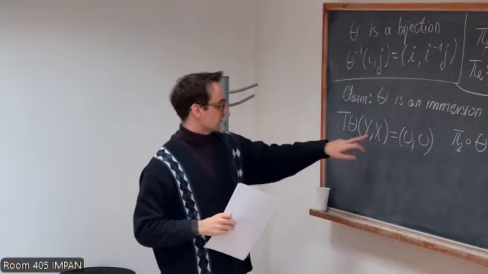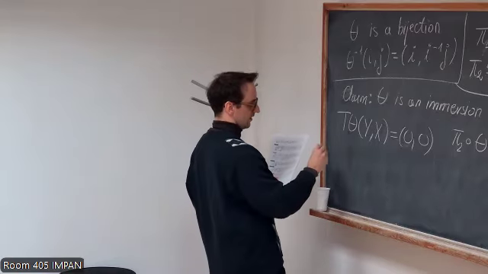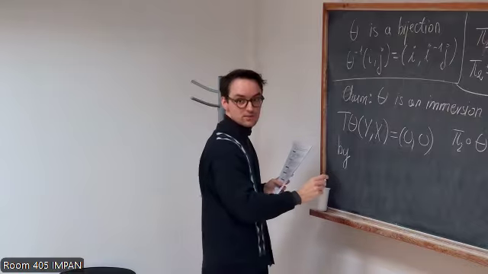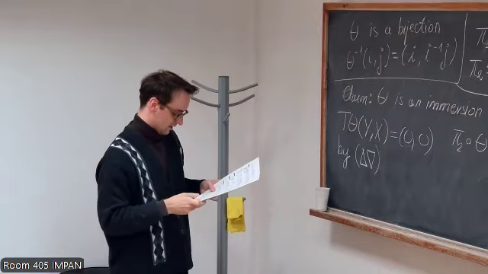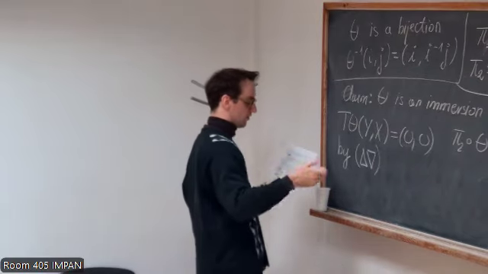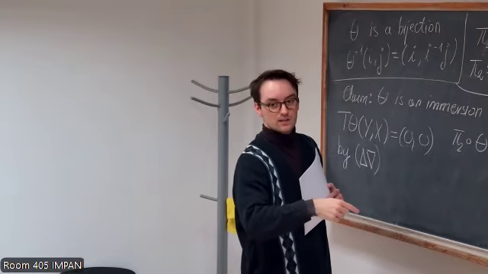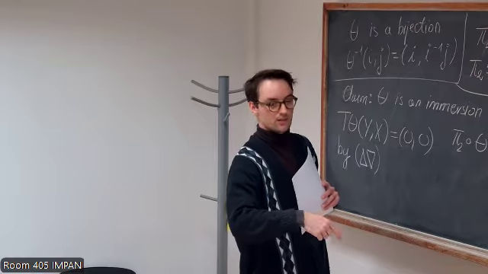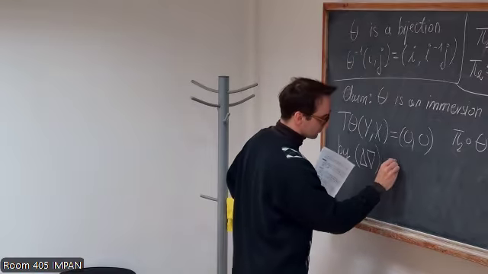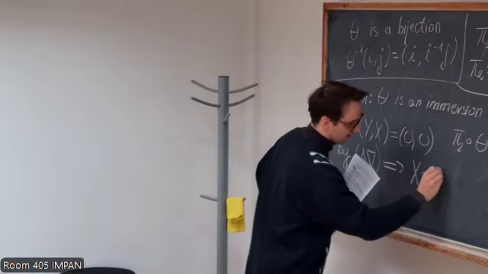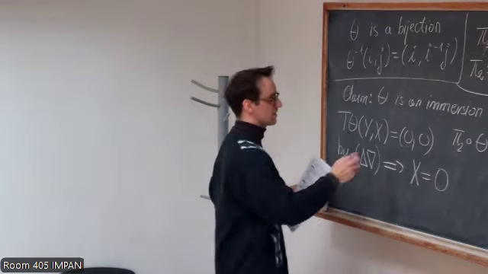Now we have to prove that x is also 0, using the Leibniz rule. By definition of theta, the second component of the theta map is the composition of arrows, and by the Leibniz rule of the differential of the multiplication map, it also follows that x is equal to 0. Okay, so theta is an immersion.